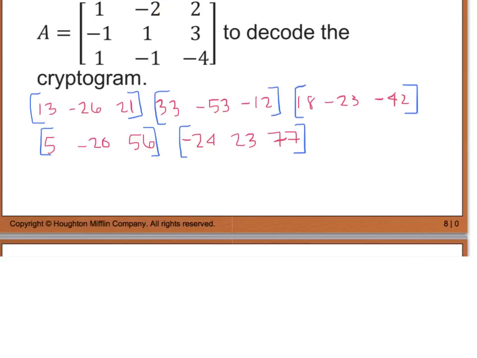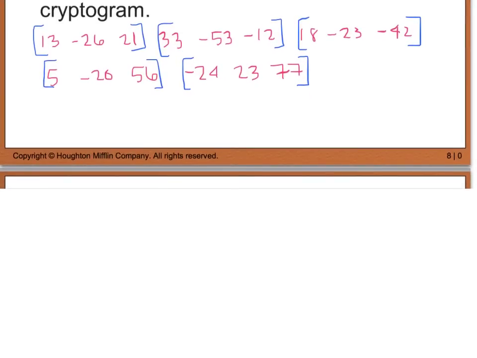Okay, so when I come down here, I'm going to take the first 1 by 3, which is going to be 13, negative 26, 21, and I'm going to multiply it by the inverse of A. And when I do that, you should see that you get 13, 5, 5, and again, please use your calculator with all of this stuff.